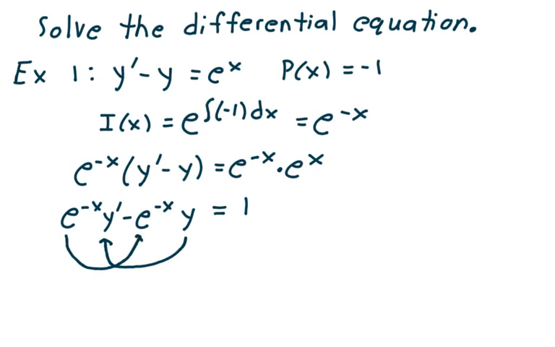That's by design. So the way I'm going to write this is as the derivative of e^(-x) times y. It's the product rule. That's on the left side. On the right side, we get 1.